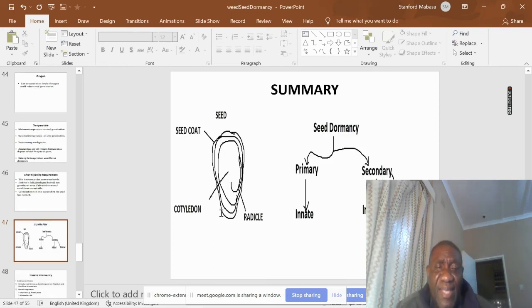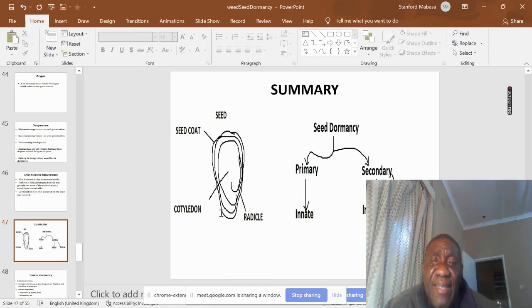So this has been quite a bit of information, just to guide you. You may have to read to use this summary. Just remember, our focus is on weed seed behavior.